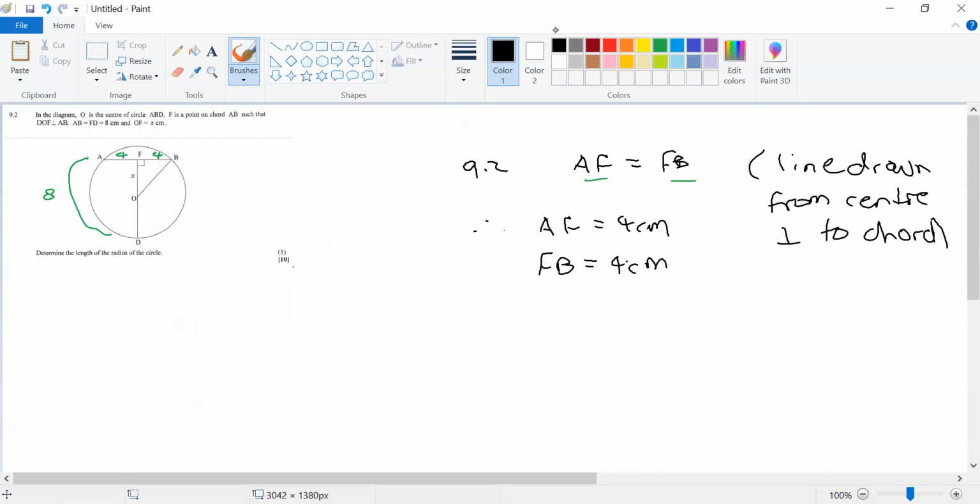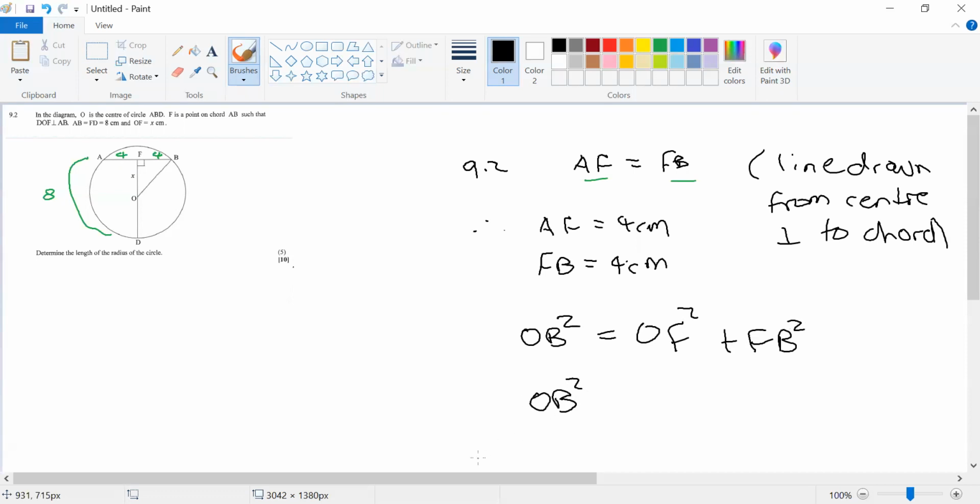So to set up our theorem of Pythagoras equation, we know that it's going to be our hypotenuse, which is OB squared, which is equal to the sum of the square of the other two sides, which is OF squared plus FB squared. And now if I start substituting everything into my equation, I can see that I don't have anything for OB at the moment.